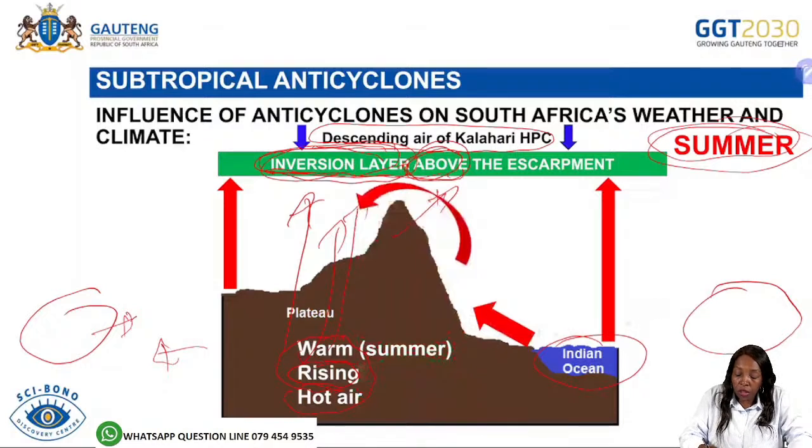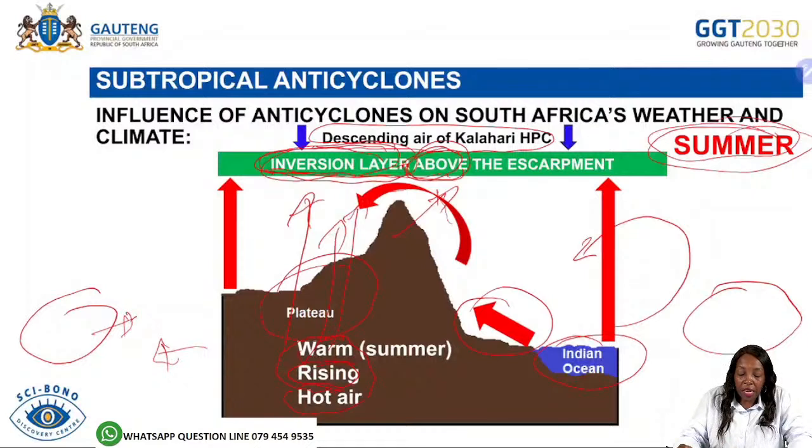So we've got that anticyclonic movement of air, and then we've got more warm air that is able to pass through and reach the interior of the country. So as air is moving in an anti-clockwise direction, the warm air from the Indian Ocean would be able to reach the interior of the country.